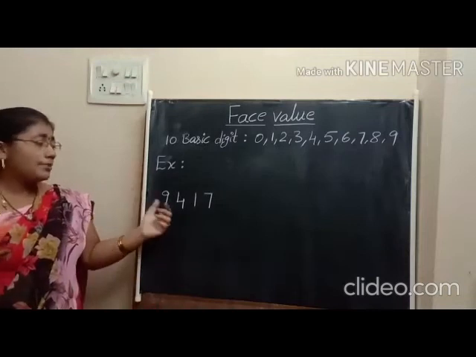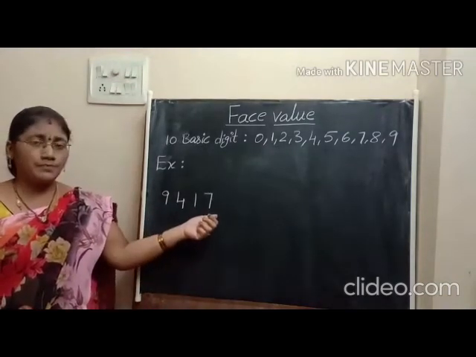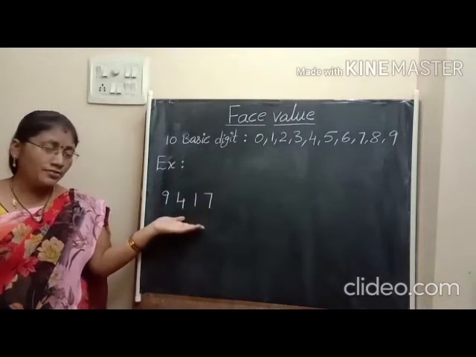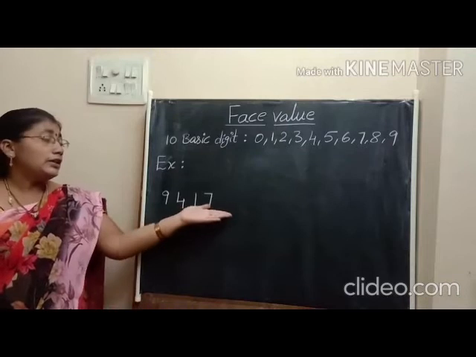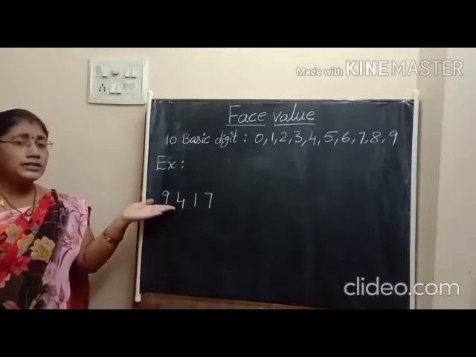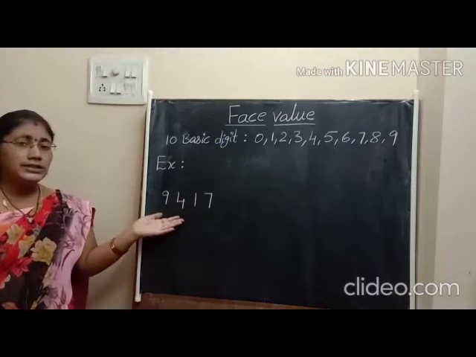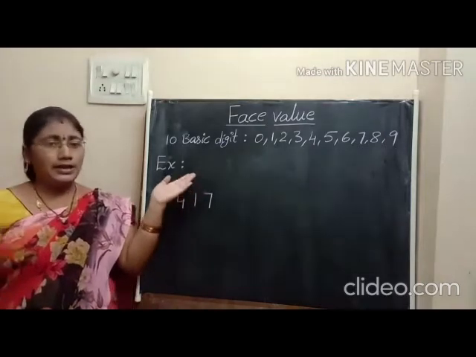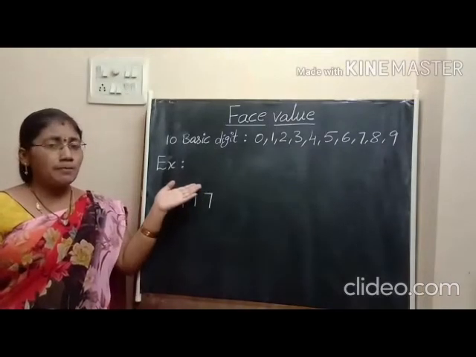Here I am taking 9, 4, 1, 7. How many digits are here? These are 4 digits. These 4 digits have their own values. Like that, every digit is represented by its place.